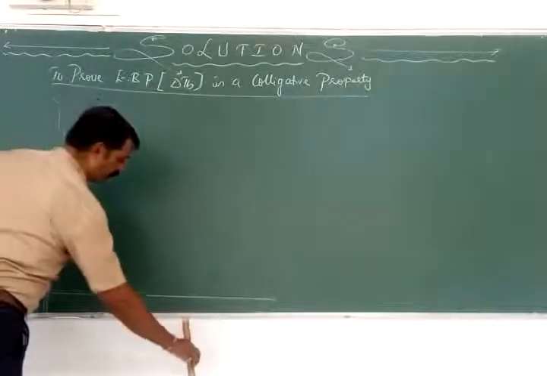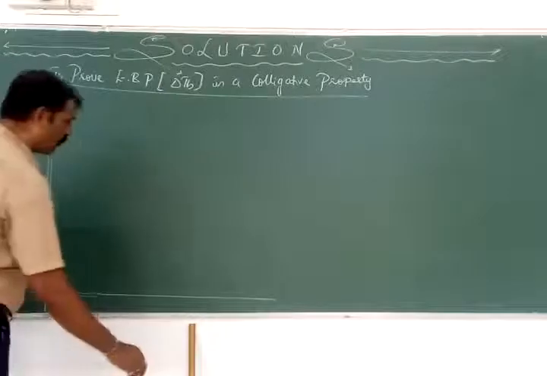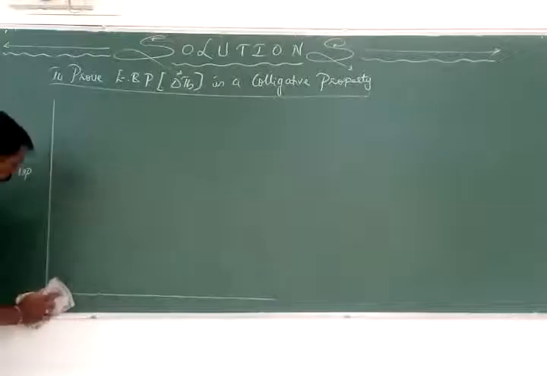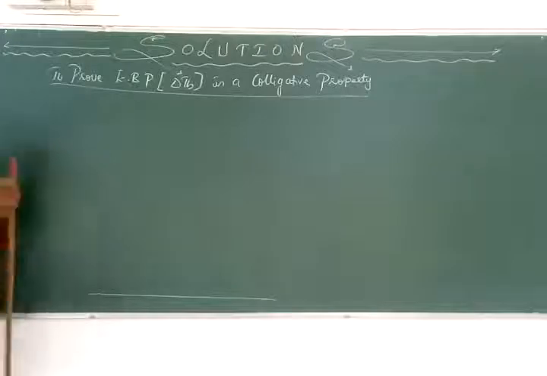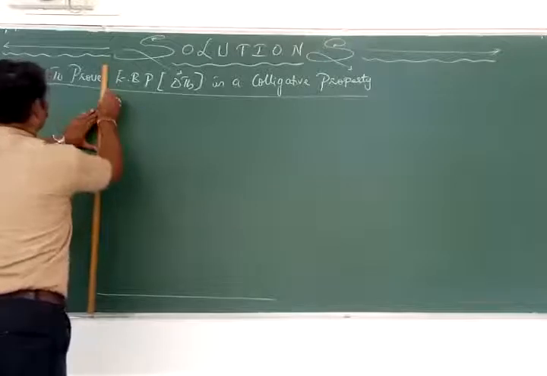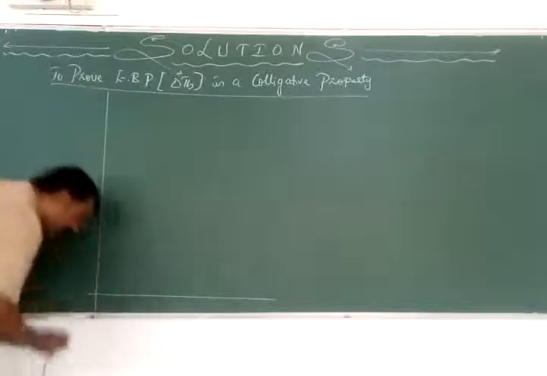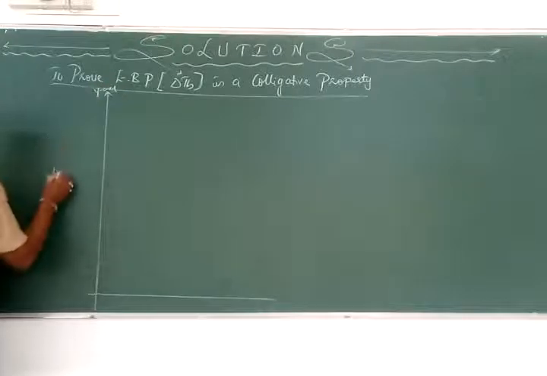So let's have first, this is called vapor pressure. We will write towards the further right here, so that it makes it very clear. So along the y-axis first, we will take the physical property as vapor pressure.